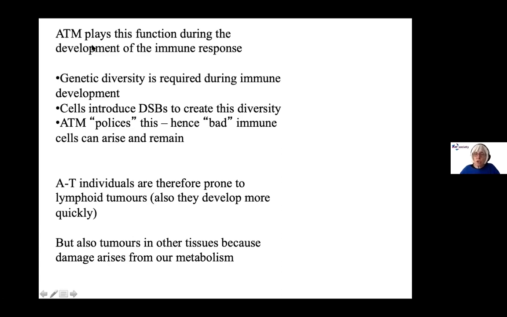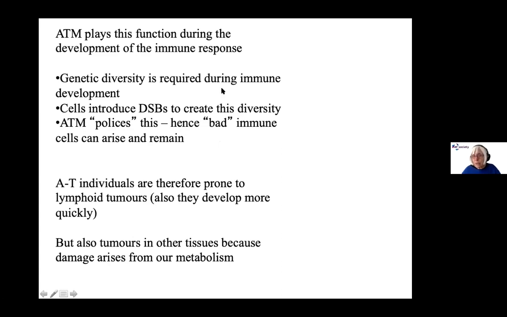And to do that, the cell has to create genetic diversity. And so what the cell does during this generation of your immune response, is to put in double-strand breaks and then deliberately rejoin them inaccurately.